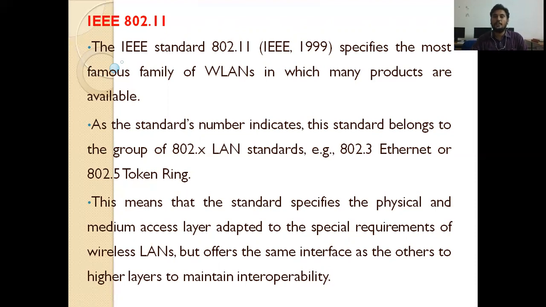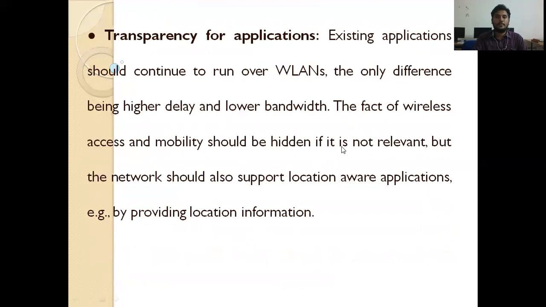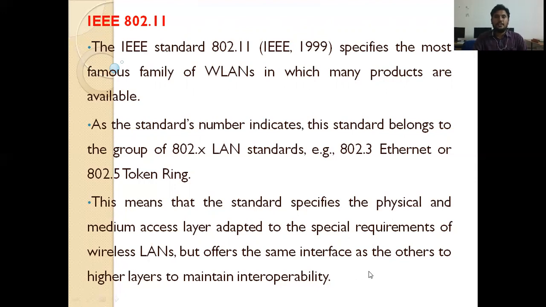This means that the standard specifies the physical and medium access layer adapted to the special requirements of wireless LANs, but offers the same interface as the others to maintain interoperability. As we discussed in protection of investments, interoperability is the main thing here in 802.11.